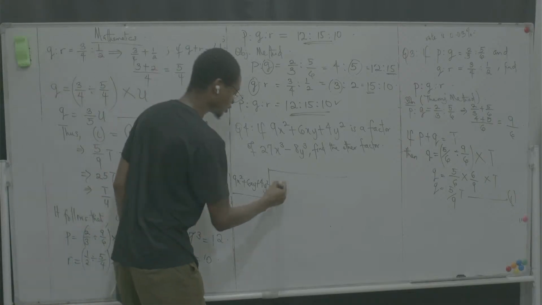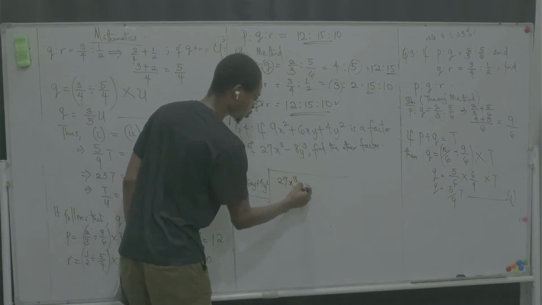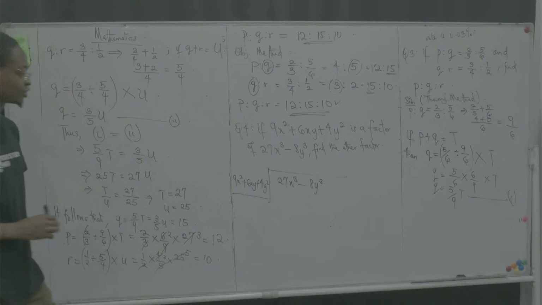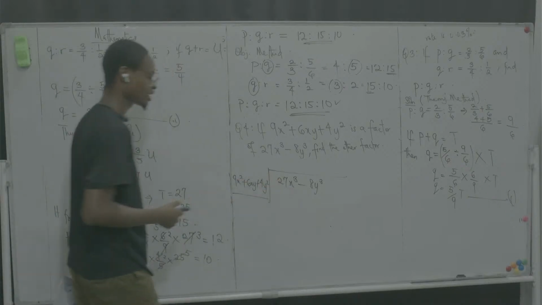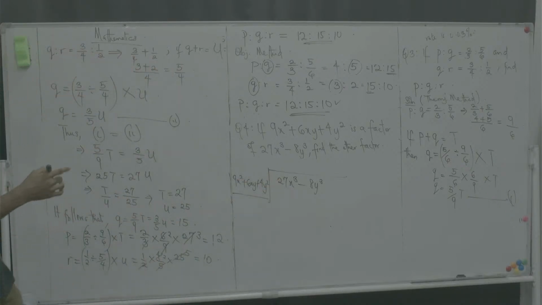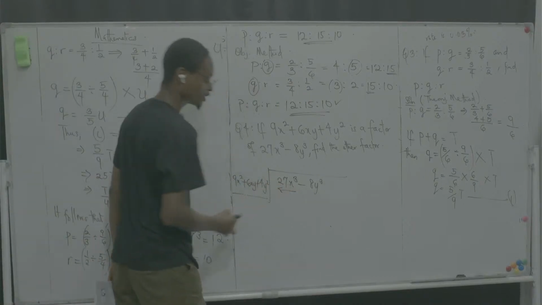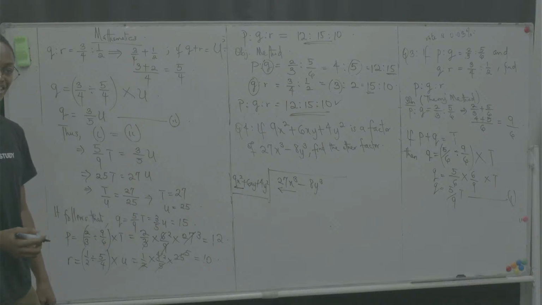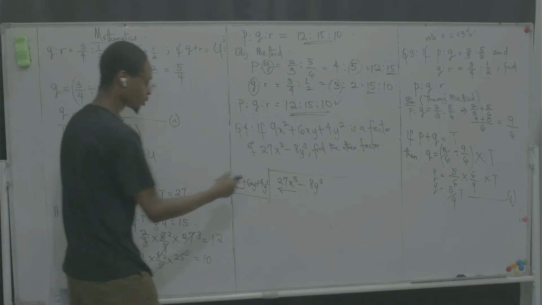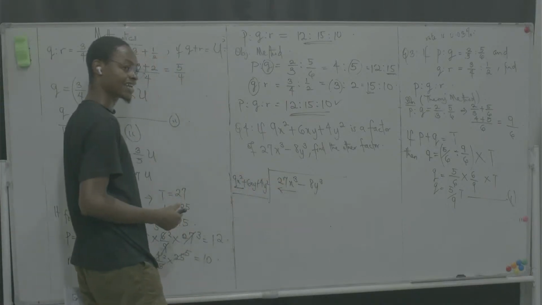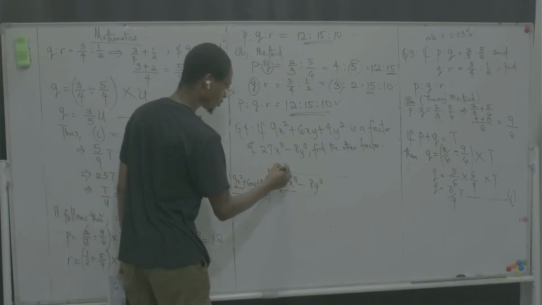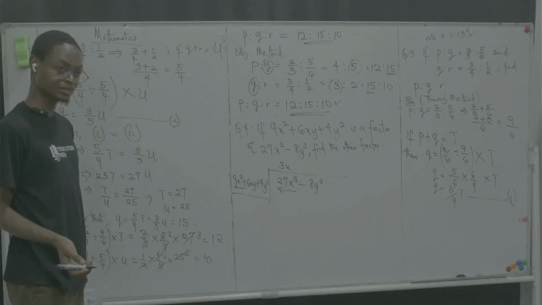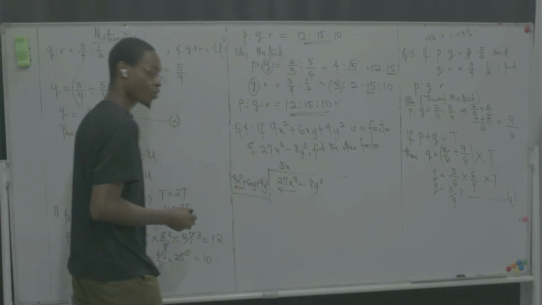The reason for this is, if you take this 27x cubed minus 8y cubed, the very first thing you notice is, you pick the highest ranking variable, Abi, and divide by the highest ranking variable outside, Abi. So you have 27x cubed divided by 9x squared. What would that give you? 3x. Altogether, 3x.